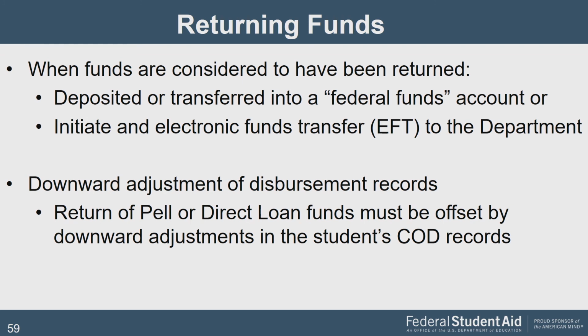When you make those downward adjustments of those disbursement records in COD, that's when you are returning funds to the department. Okay? So you've transferred the money into the account, you've made the downward adjustment in the COD system. That's a refund.